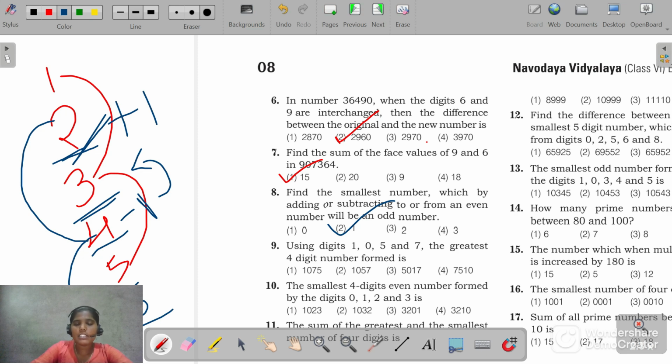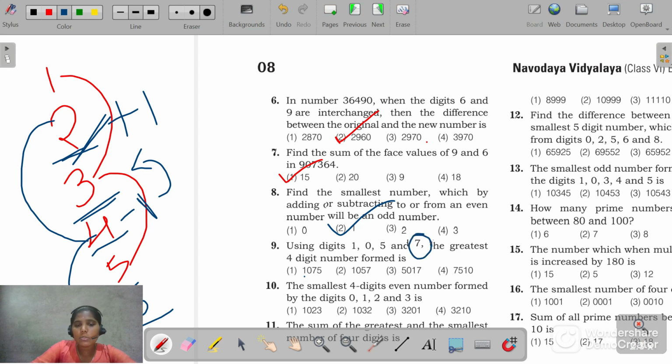Using digits 1, 0, 5 and 7, form the greatest number among these. To find the greatest number, the first thing is the starting position of the number should have the highest digit. So when we see here, 7 is the highest digit, right?